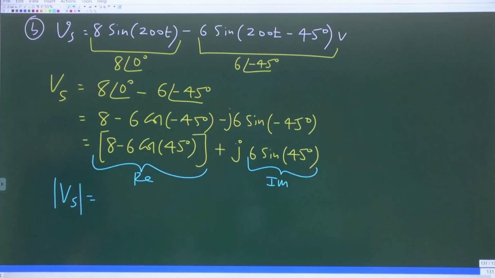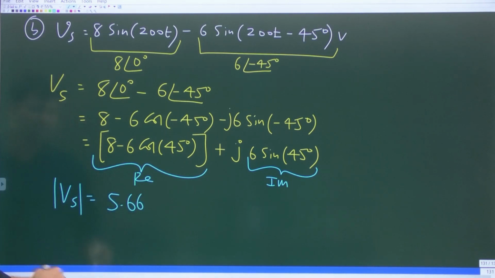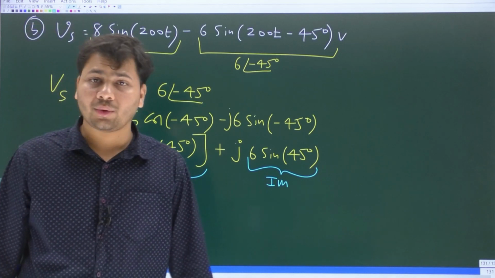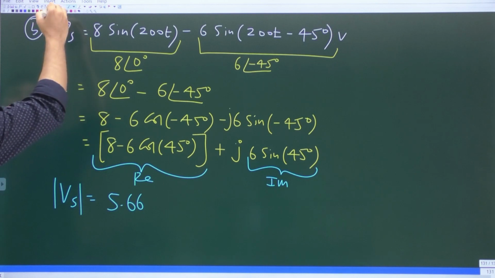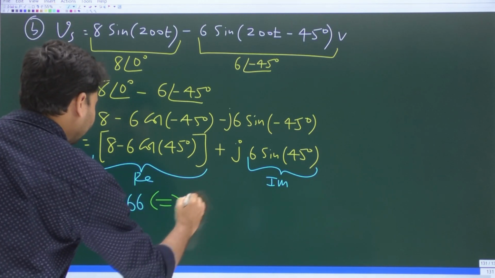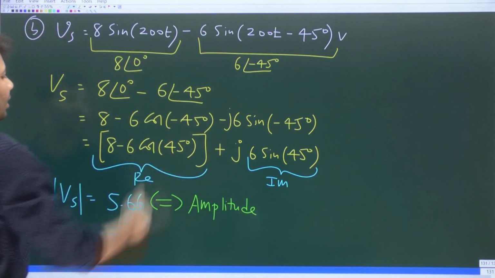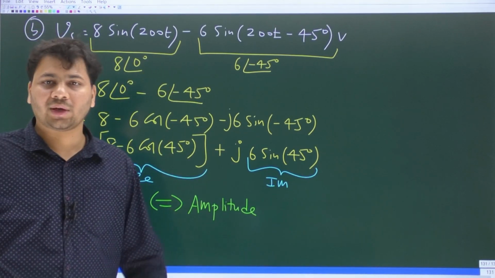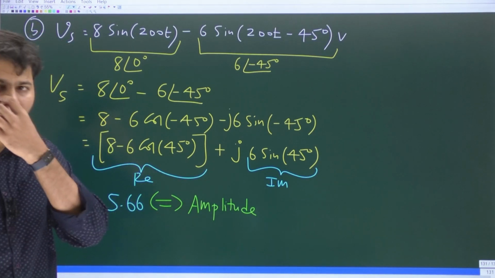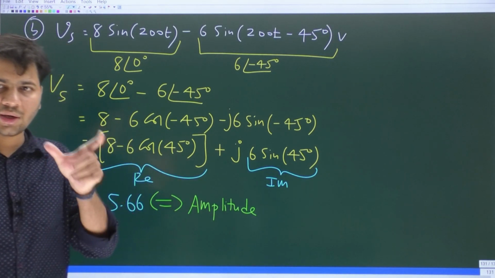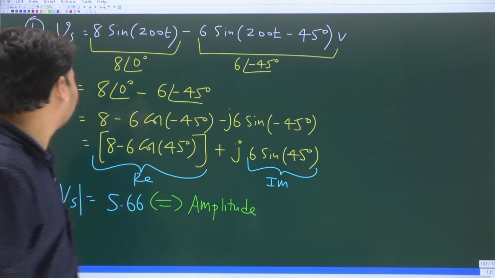Okay, the magnitude is 5.66. So mod Vs is 5.66. Remember, the magnitude of the phasor voltage is same as the amplitude. So when you combine the two voltage components into one single term, for that single term the amplitude would be 5.66. Once you know the amplitude, the RMS or effective value would be amplitude divided by root 2.